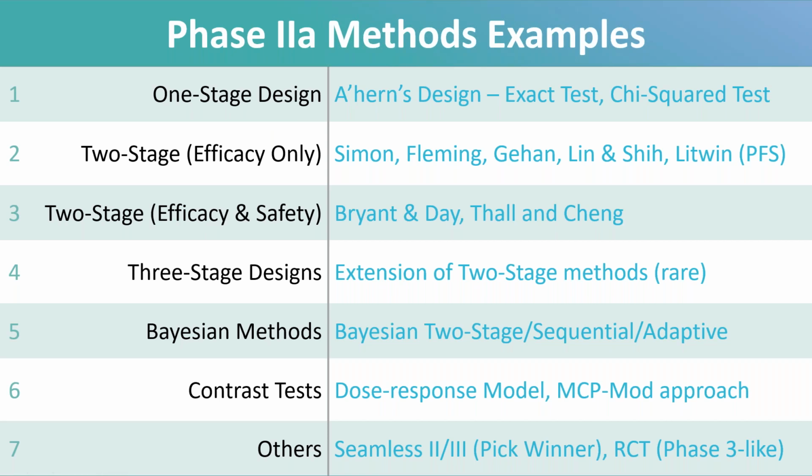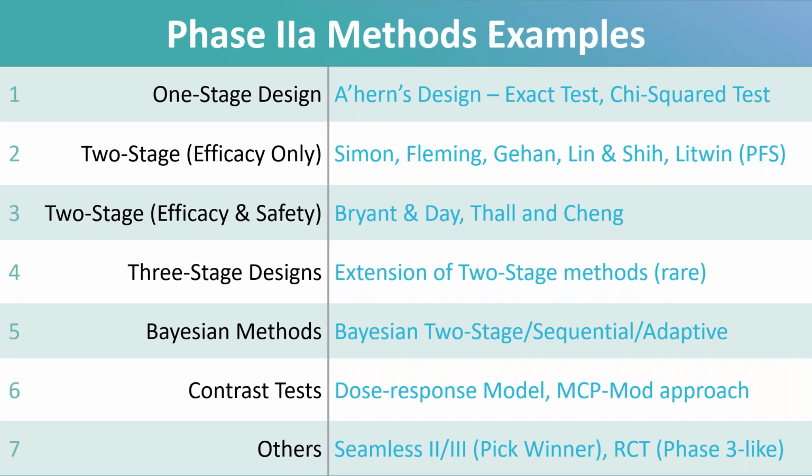The most popular of these would be Simon's design, but there are modifications of this like Fleming's design, which relies on a normal approximation, and Litvin's design for progression-free survival if you wish to analyze a survival endpoint instead of a proportions endpoint. There are also extensions of the two-stage design that not only model efficacy but also safety.